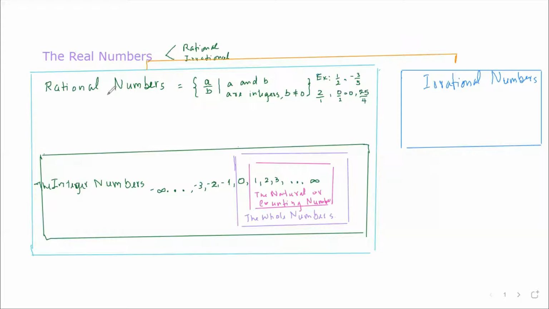Within rational numbers there are two kinds of decimals: repeating decimal and terminating decimal. So we break it down into two kinds. Repeating decimal, and this one is terminating decimal.